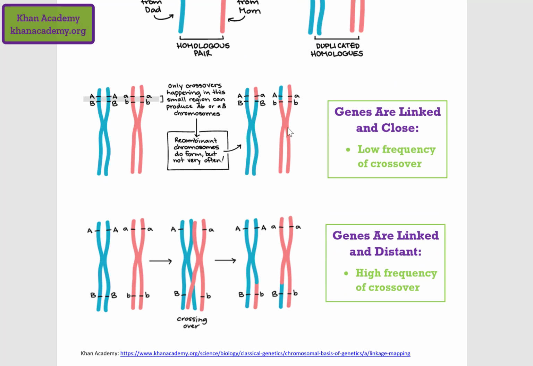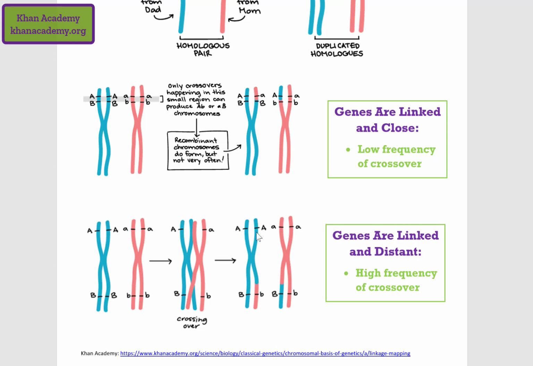But if we look here, we have a homologous pair where genes A and B are very close to each other, and then below we see a chromosome pair where genes A and B are very far apart from each other. And when the tetrad forms during prophase 1, crossing over can occur because the chromosomes are in such close proximity.